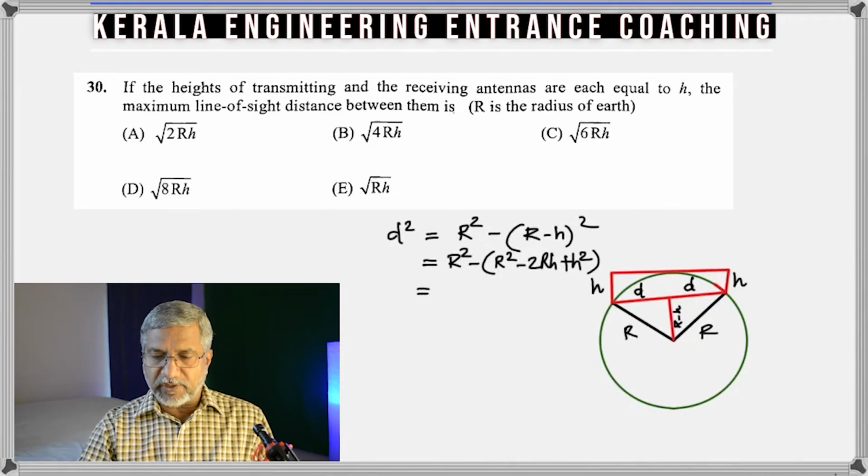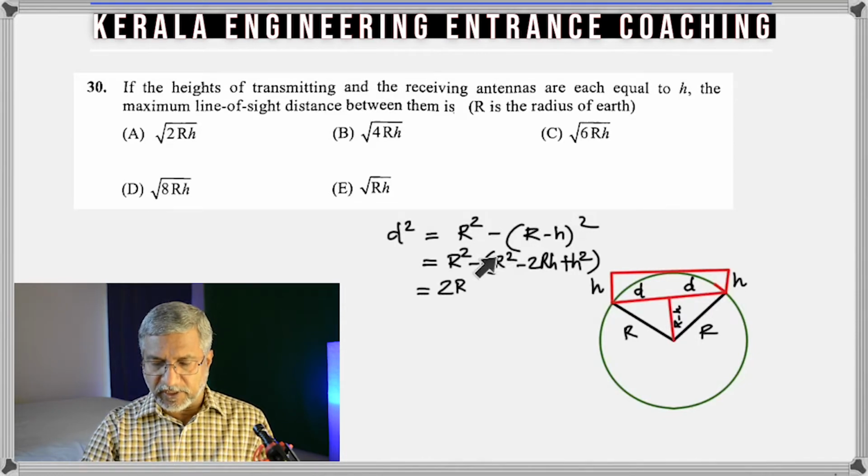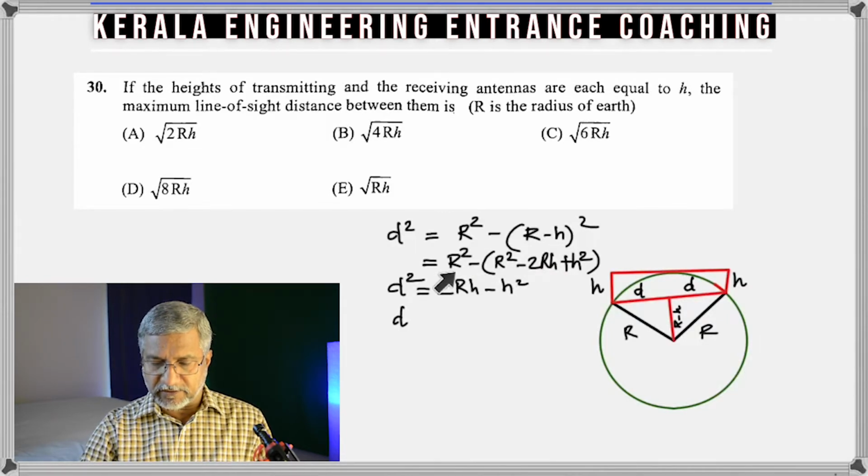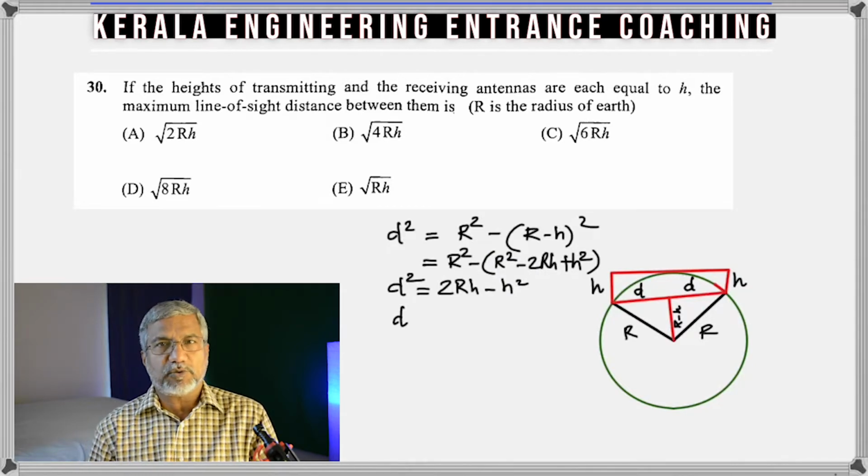And then after that, we'll have to distribute this negative sign, which will make all this negative. That means all the signs will change. When the signs change, it's easy to see that the r squareds will get cancelled because you have plus r squared minus r squared. And then when you look at it, you have 2rh minus h squared.